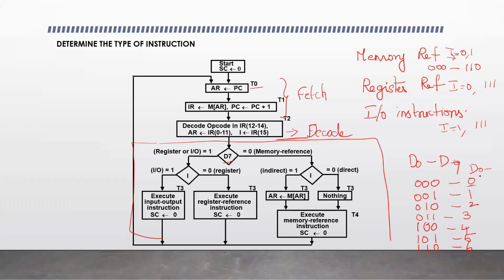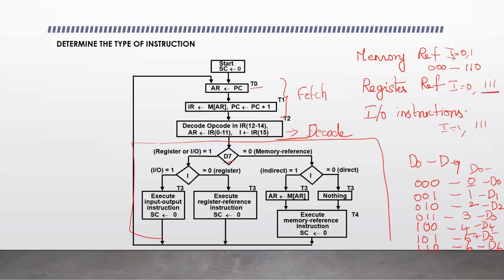This is D0, D1, D2, D3, D4, D5, and D6. So these operations denote the memory reference instructions.